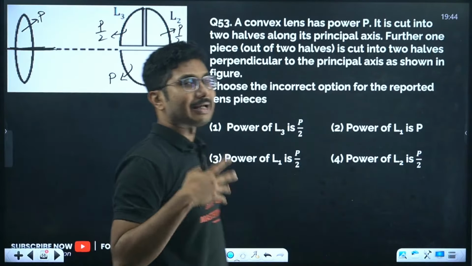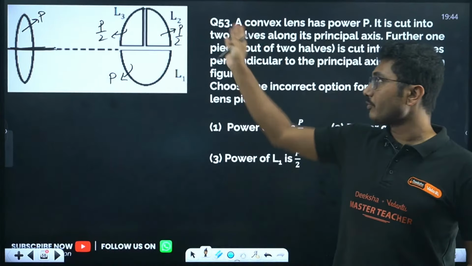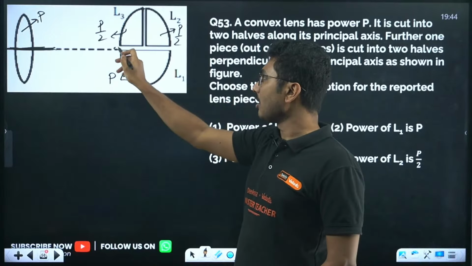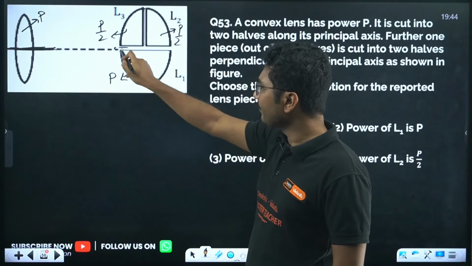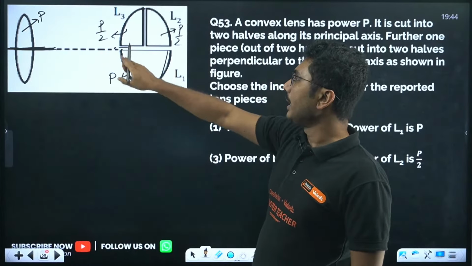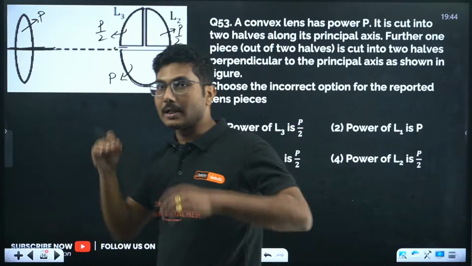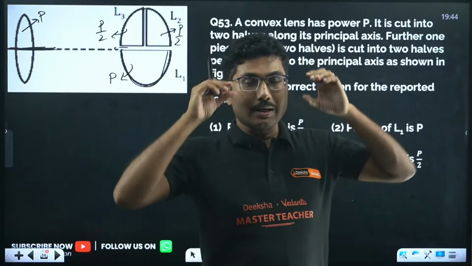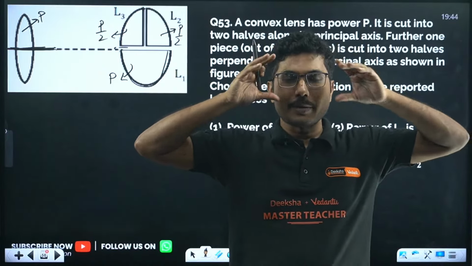If you cut the lens along its diameter, the radius of curvature for both surfaces changes, and power becomes half. But if you cut the lens along the principal axis, even if the brightness of the image dims, the power remains the same. That's why, for those who wear glasses like me, the size of the glass does not matter.